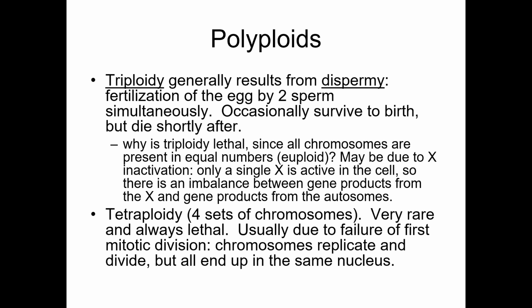Like triploidy, we have tetraploidy, four sets of chromosomes. Very rare and it is lethal. The animals or plant will die. This happens because sometimes there is a failure of first mitotic division. The cell will not be able to undertake the first mitotic division.